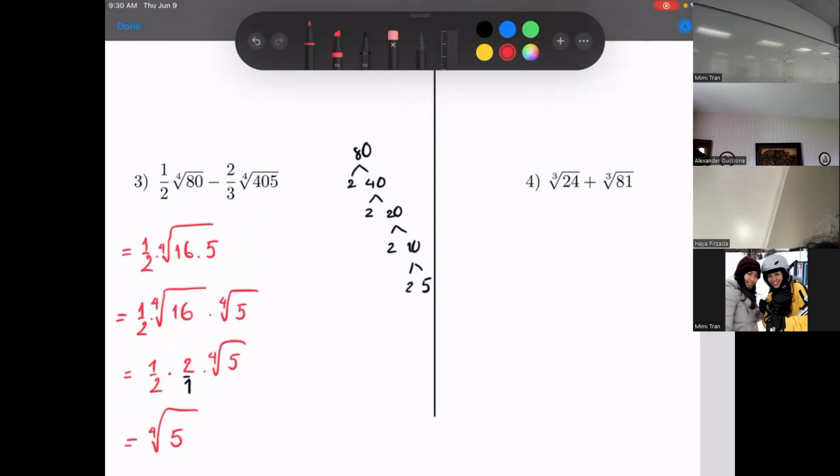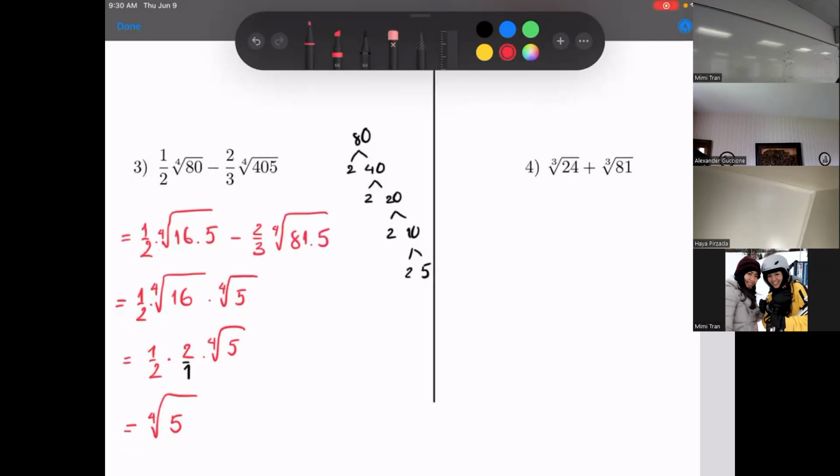If you have to do it, it's the same thing, divided by 5, right? So negative 2/3 fourth root of 5 and 81. Yeah, 5 times 81 times 5. And then break it apart. 2/3 fourth root of 81 times fourth root of 5.